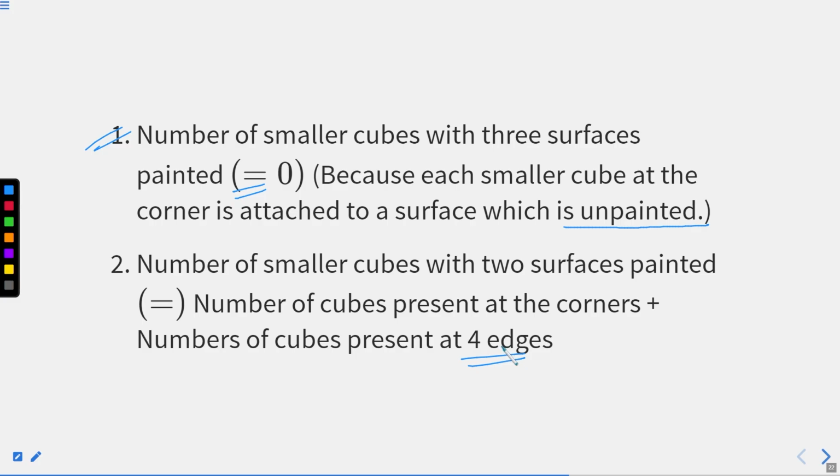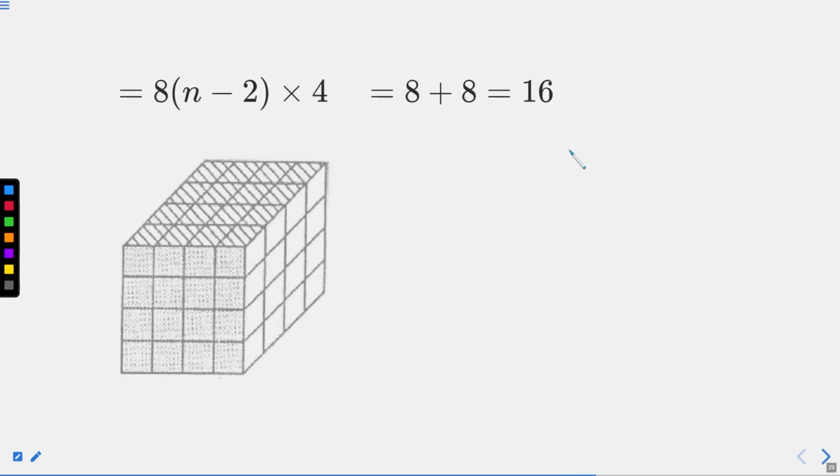Because the rest of the 8 edges will have only one side painted, not 2. So at every edge how many will be there? 2 will be there. So 2 4s are 8, so a total of 16 should be there. I hope you are clear with the statement as well.